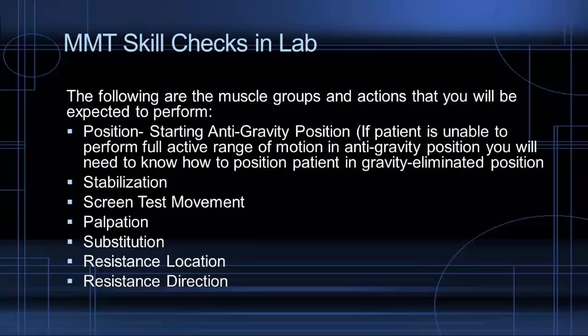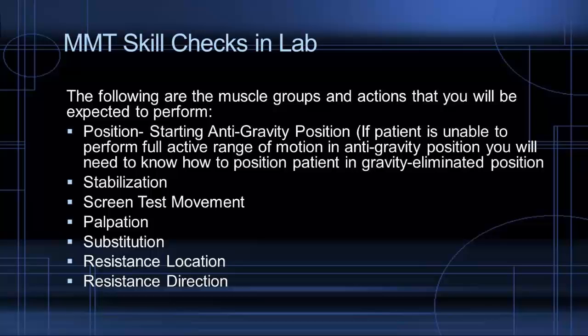Okay, so what we're going to do on the skill checks in lab, in the module there's a list of the muscles that you'll be expected to be able to potentially test. We'll practice these all in lab. What I want you to be able to do is get the person in the starting anti-gravity position, and know that if they can't complete the full active range of motion in anti-gravity, you need to know how to position them in a gravity eliminated position.